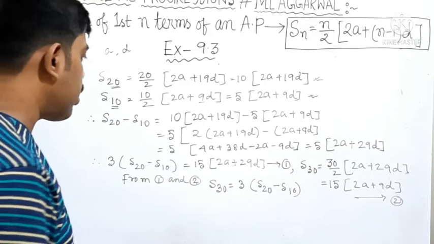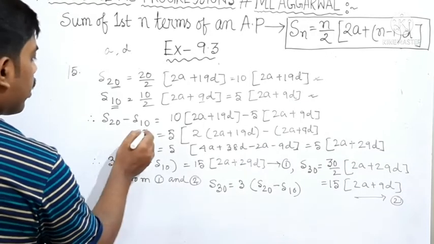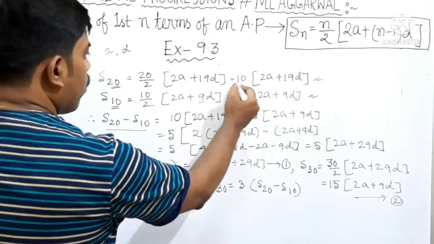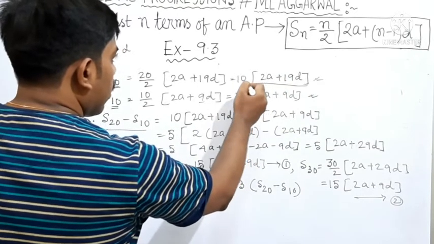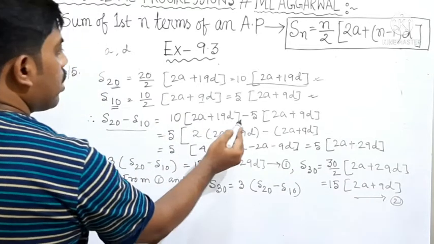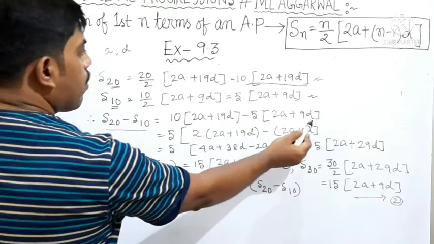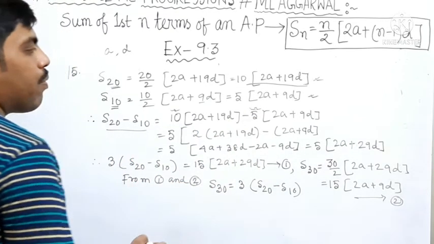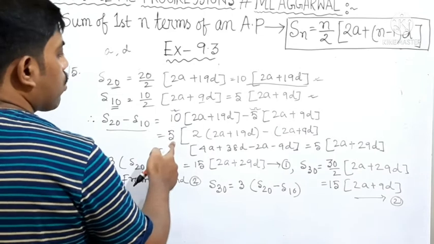And according to the condition here we have to find the difference S20 minus S10, and we just use these values. S20 means 10 into twice a plus 19d, S10 means minus 5 into twice a plus 9d. Here you can see 10 is a multiple of 5, so we take 5 as common.